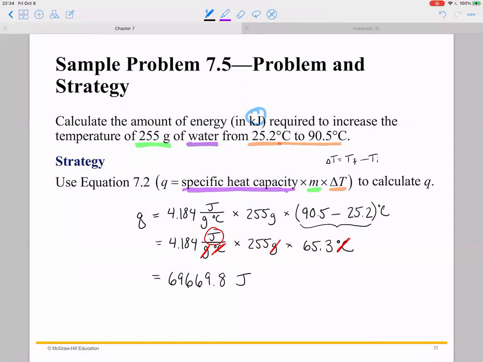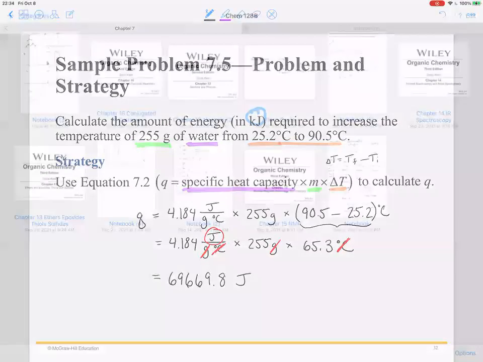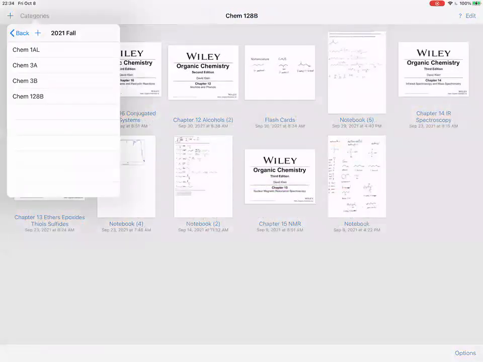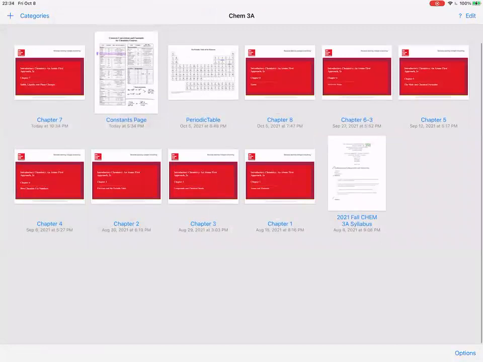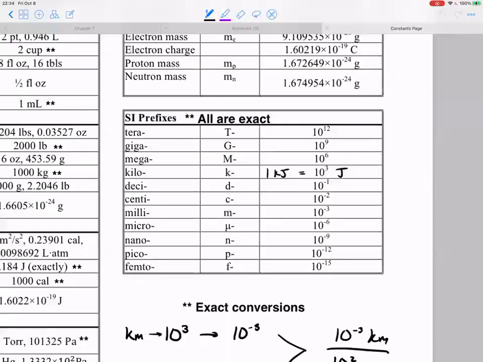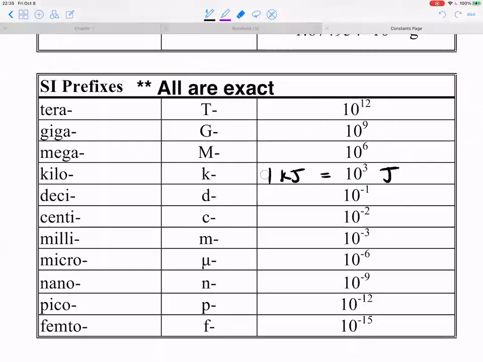Now it actually wanted it in kilojoules, so we're going to have to use our constants page. Let's go to our course. Okay, and this table here, remember how we read this table. This is telling us that 1 kilojoule is equal to 10 to the 3 joules.